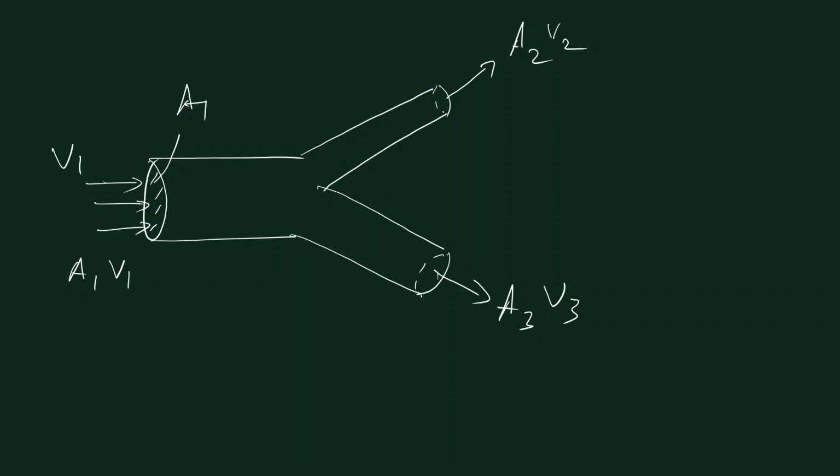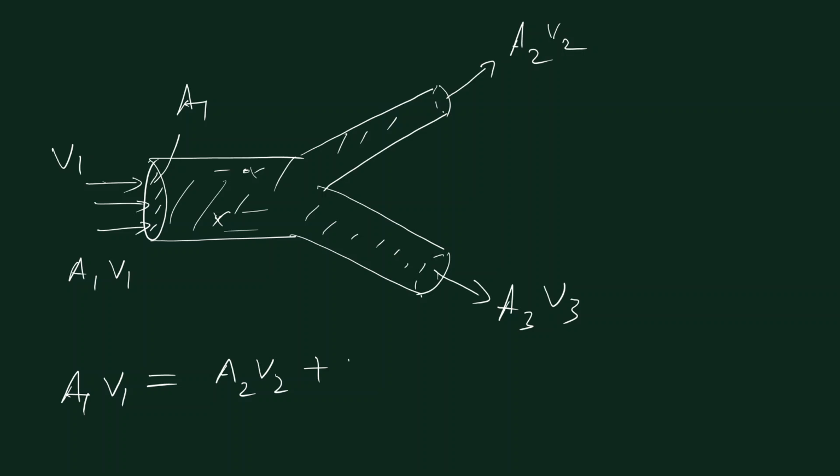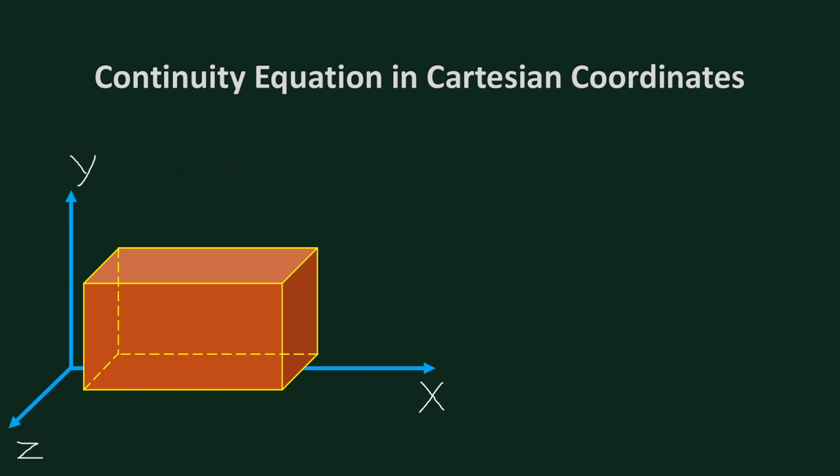So in this case, this is our control volume, and assuming that the density remains the same and the pipe doesn't have any other puncture holes and so on, A1 V1 is equal to the summation of the outflow through both these cross sections, A2 V2 plus A3 V3. So this way the continuity equation is useful in different situations.